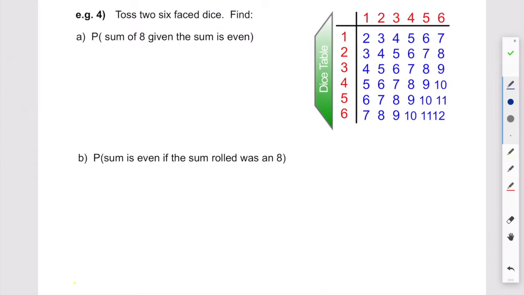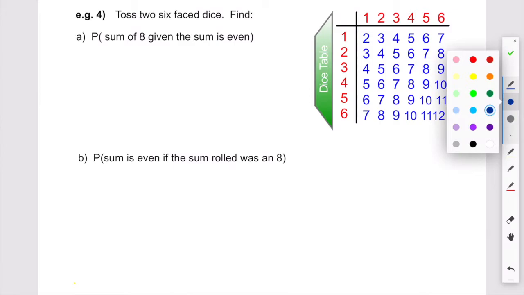Let's take a look at number 4. Toss 2 6-faced dice. Find the probability of the sum of 8 given the sum is even. So here is a dice table. Where are the sums of 8?